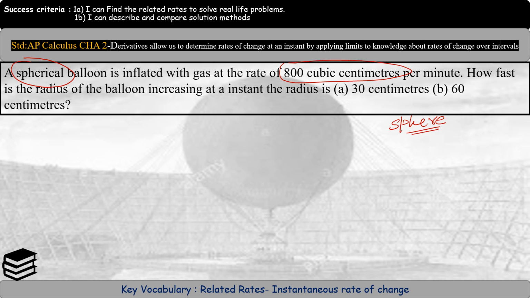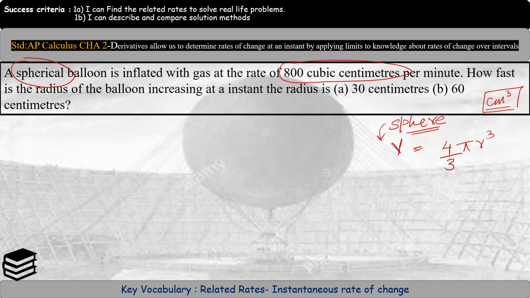I told you that units like cubic centimeter are used to show volume. So you have to write the equation for the volume of the sphere, which is 4 by 3 pi r cube.